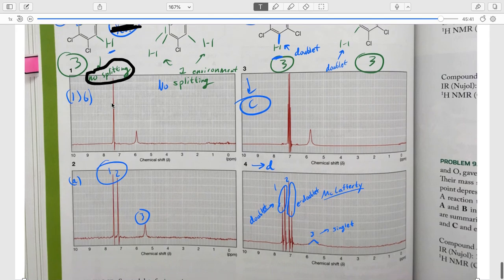Because we've got, so both hydrogens, this one does not have.